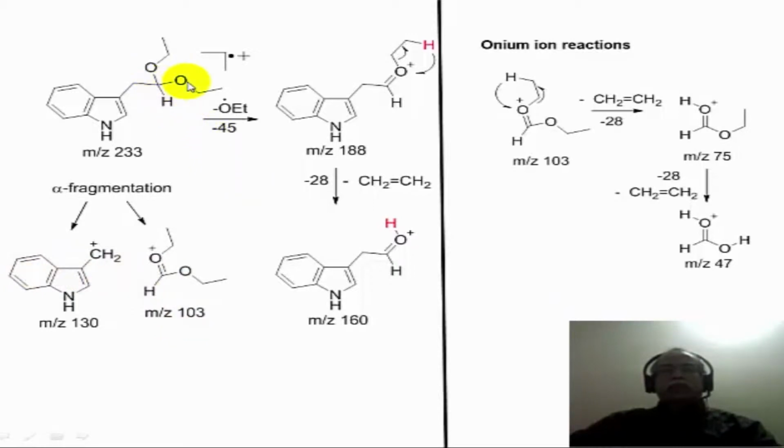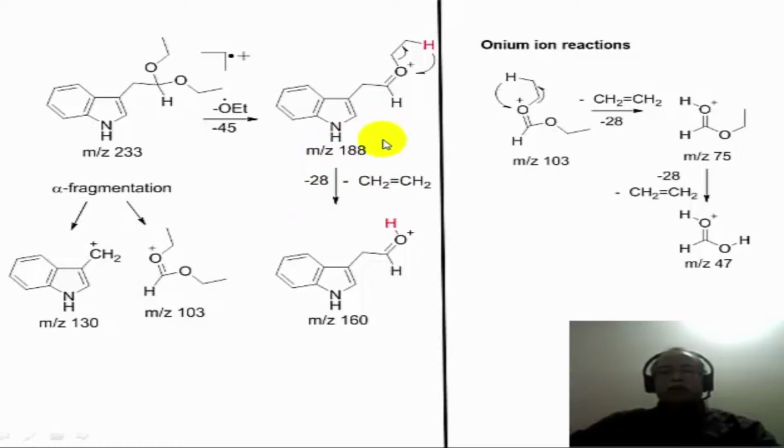Alternatively, this carbon-oxygen bond can be cleaved. That will also give an oxonium ion, which is a relatively stable species, with the loss of 45 mass units corresponding to the loss of OEt, and the oxonium ion has an m/z value of 188.